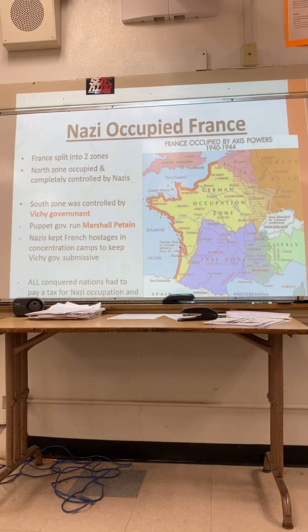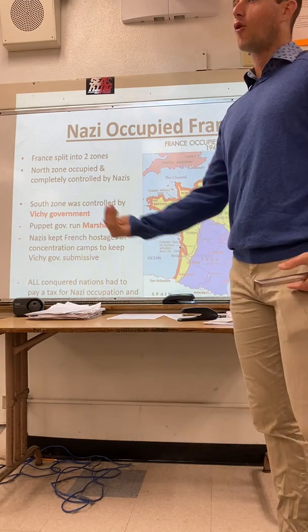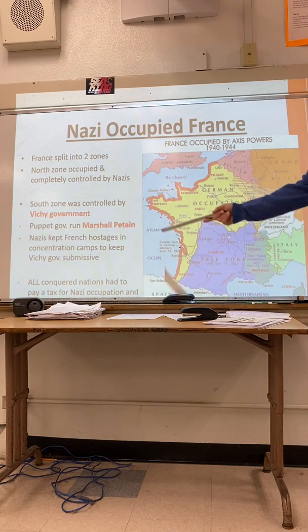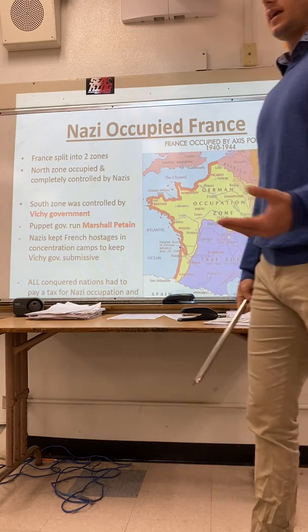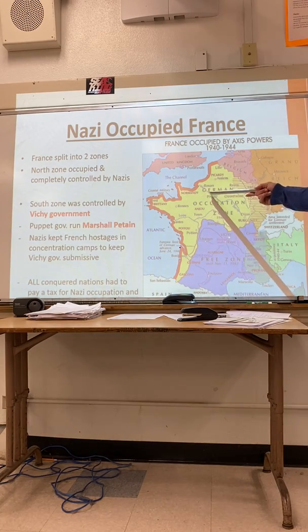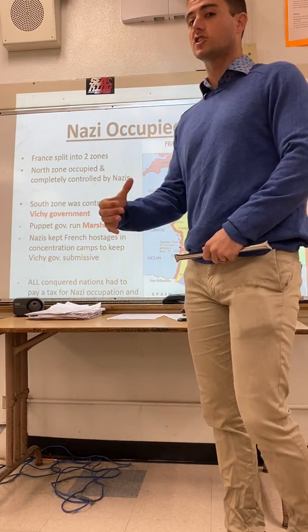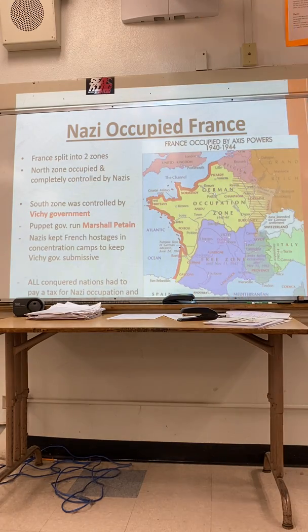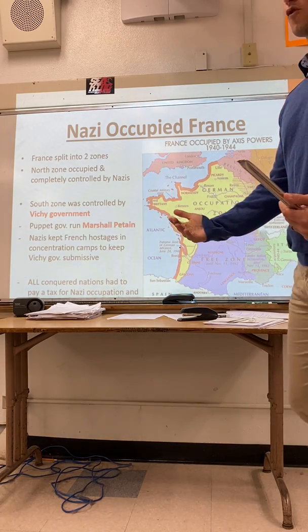And then the southern portion of France is essentially run as a puppet government for the Nazis. It's a French person leading it, Marshal Pétain, but he has to do everything that Germany says, because if not, the Nazis will execute hostages in northern France.